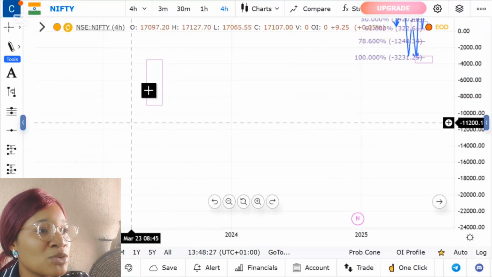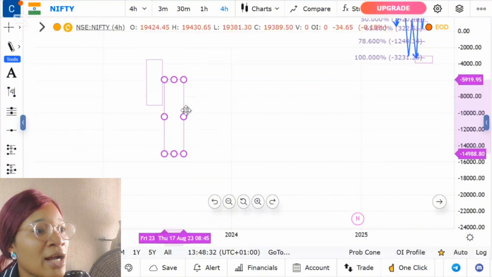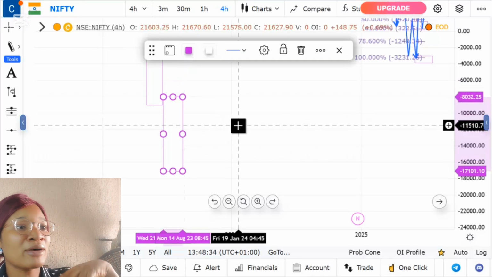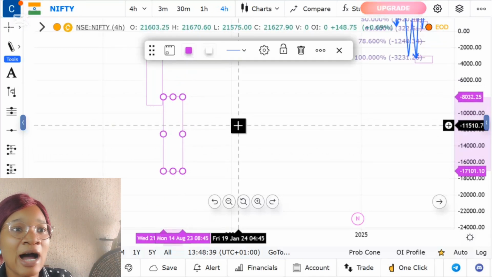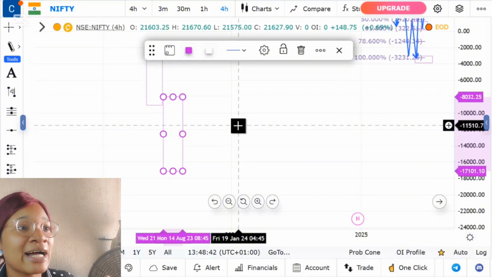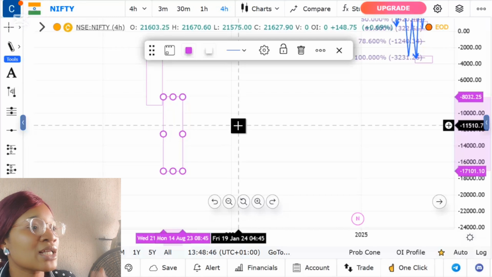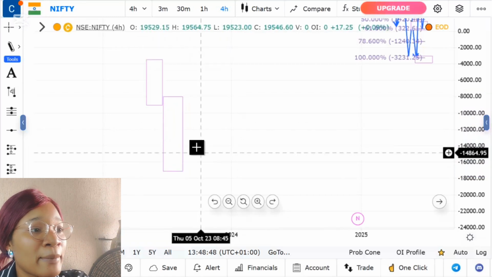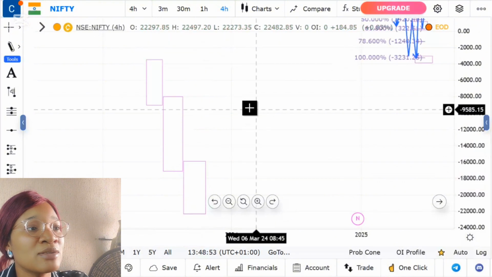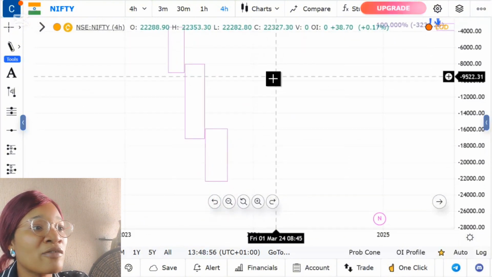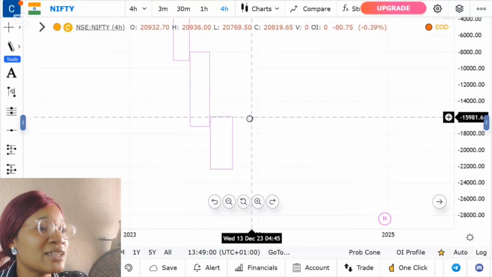Sometimes you open your chart and you see about 3 or 4 impulsive large candlesticks of the same color, either very large buy candlesticks or very large sell candlesticks, that are not giving the other end of the market any room to breathe. So you can come to the chart and see a series of sell candles lined up like this. This is a liquidity void, right?